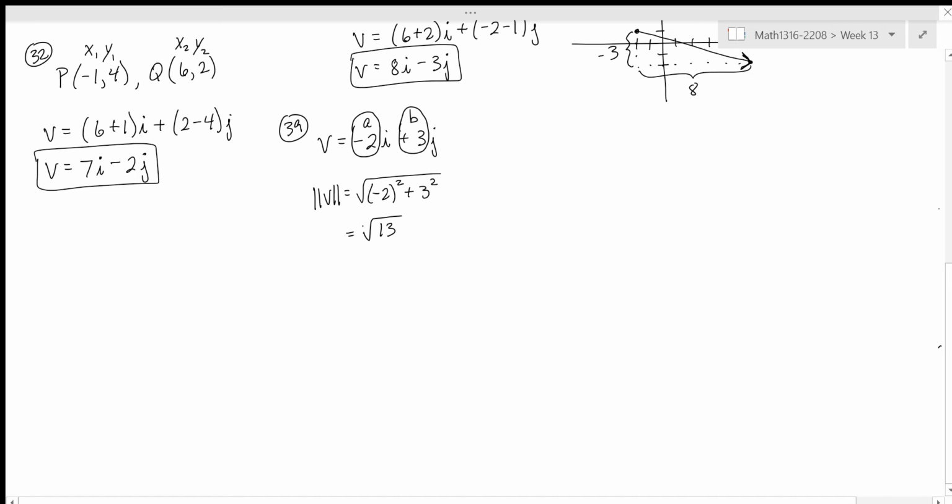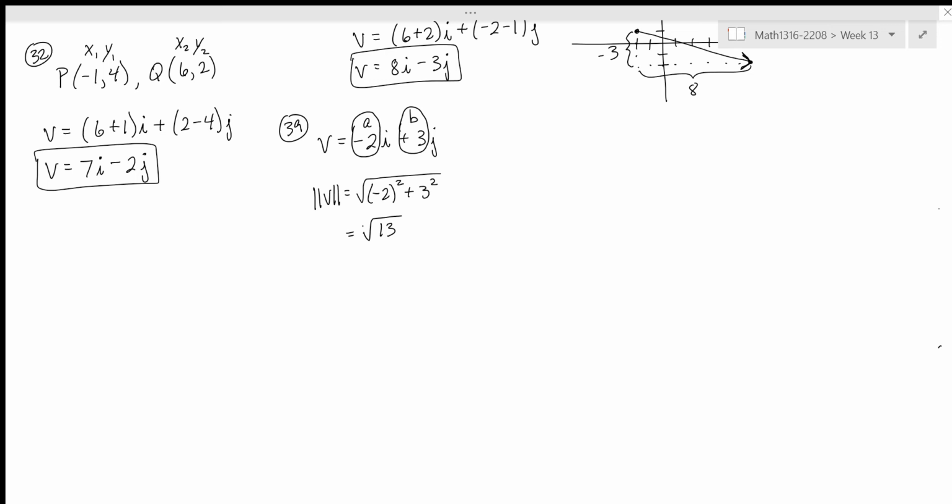But now y'all do remember that magnitude is length. And so if you're going to tell somebody how far, like y'all said, remember I said that everybody's going to be on a vector when you leave here, right? And the magnitude is the length to your house or whatever. Would you want to tell somebody, hey, it's just square root of 13 miles to my house?